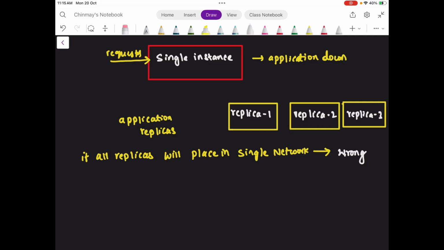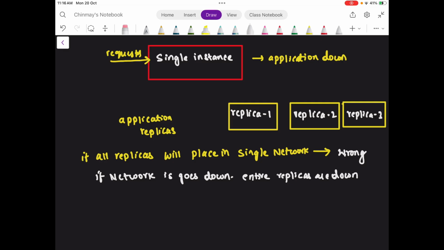What happens if the network goes down? If the network goes down, the entire replicas are down.